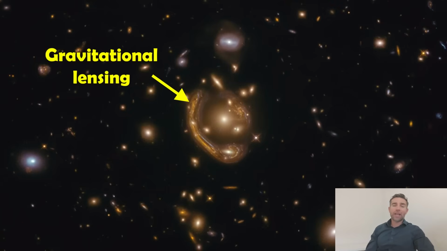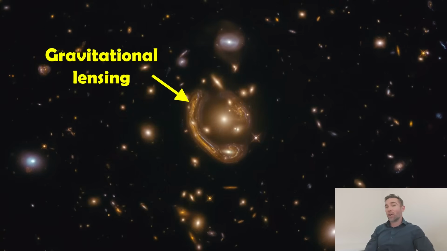So this is a good example actually. Here you've got gravitational lensing. What happens here is you've got a background galaxy behind the cluster, and that's being distorted gravitationally by the mass in the cluster, and the mass that we measure and the mass we can see in the galaxies don't line up. So we can calculate the missing mass, or the dark matter, from the distortion.